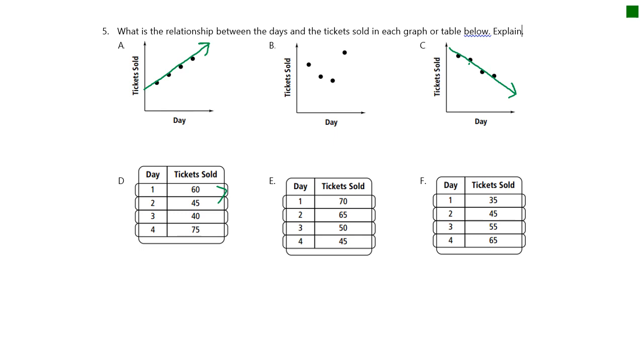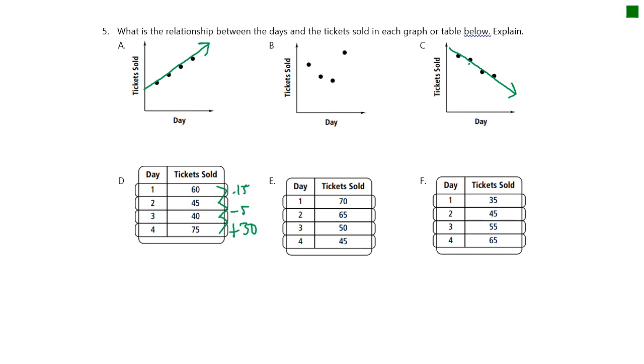So 60 to 45, from 60 to 45, we go minus 15. From 45 to 40 is minus 5. From 40 to 75, we are adding 35. So it decreases and then increases.